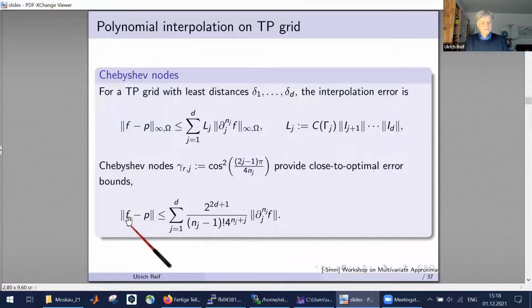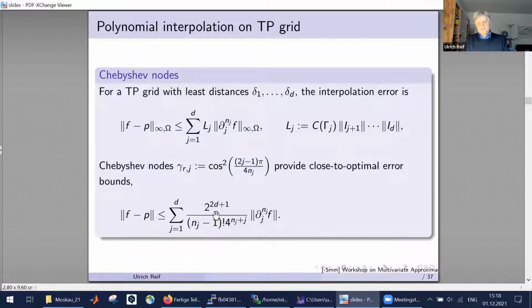It is possible to find a polynomial P, namely the interpolating polynomial at the Chebyshev nodes, such that the error is bounded in terms of the pure partial derivatives of f in the coordinate directions, and some factors which depend only on the order and the space dimension. So these numbers decay rapidly towards 0 if you increase the order.